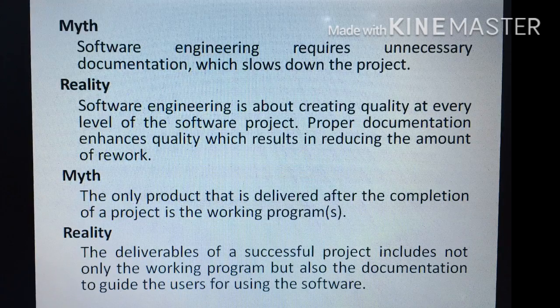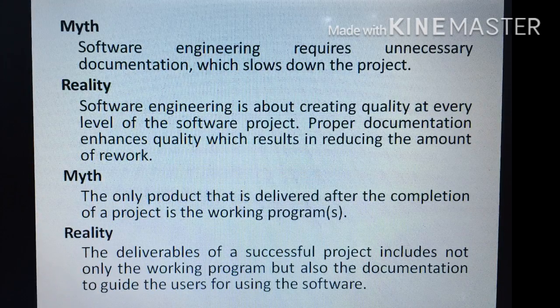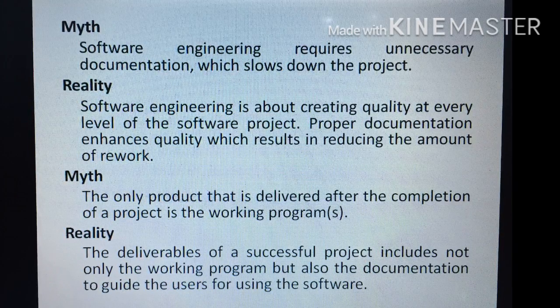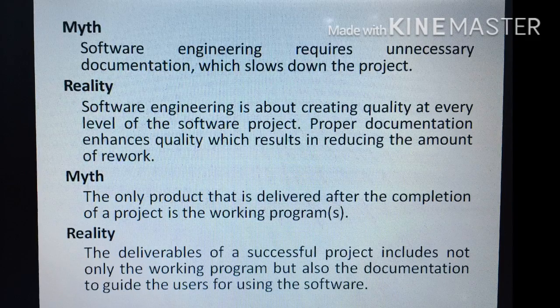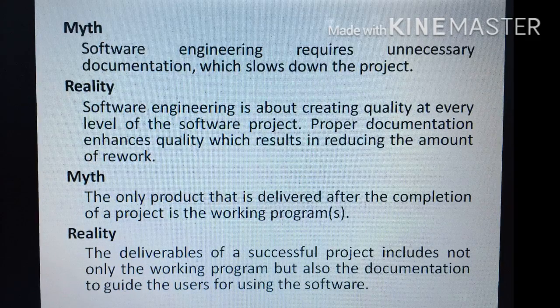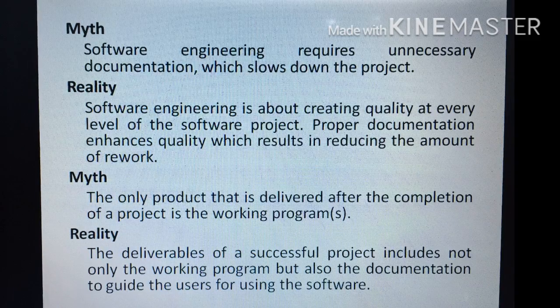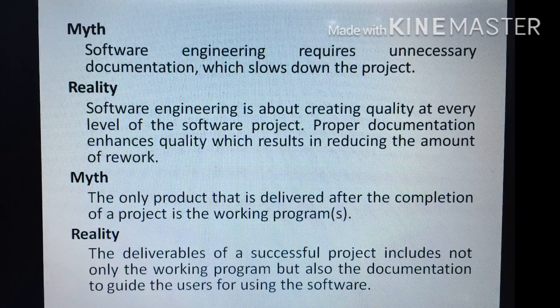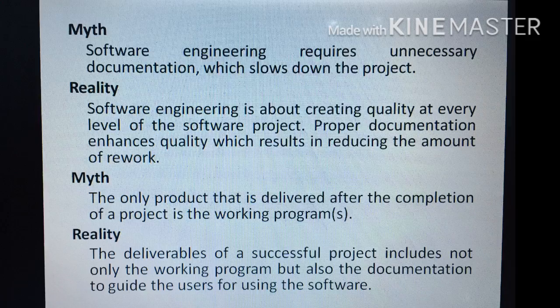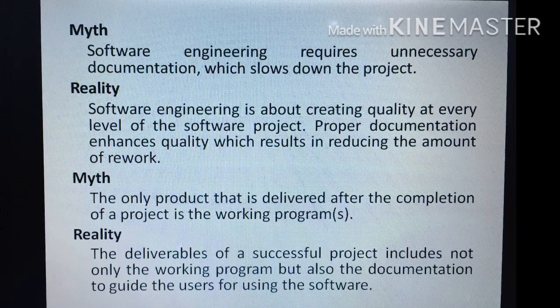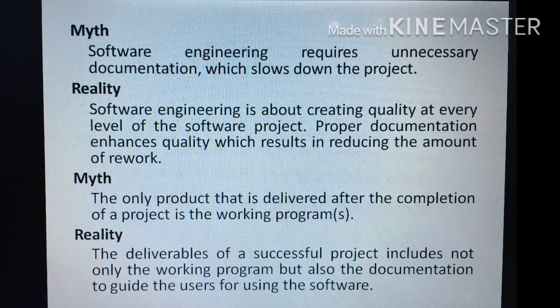The third myth is that documentation is unnecessary and slows down the project. But the reality is that proper documentation enhances the quality of the project at every level, and that may reduce the amount of rework.